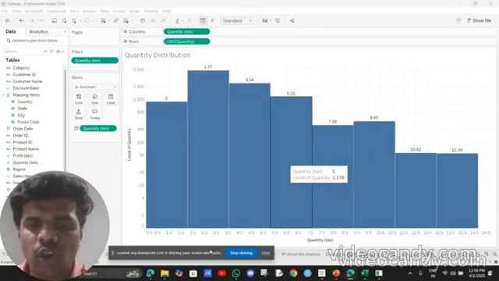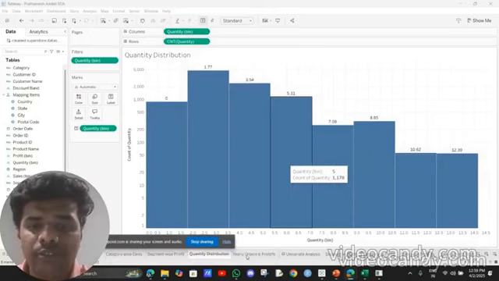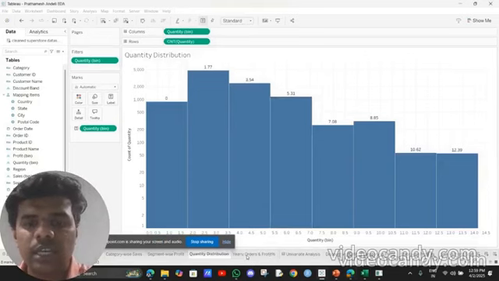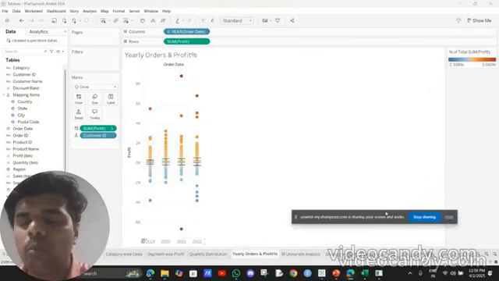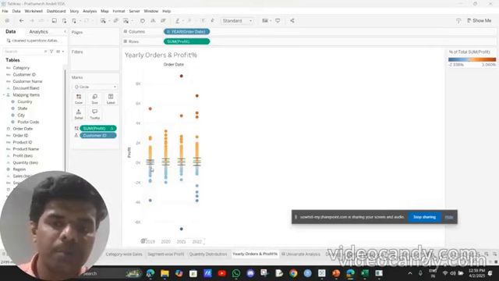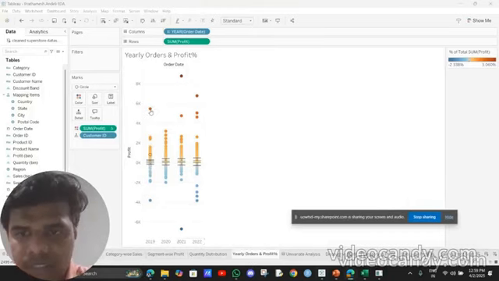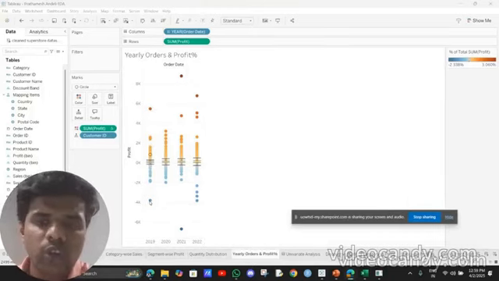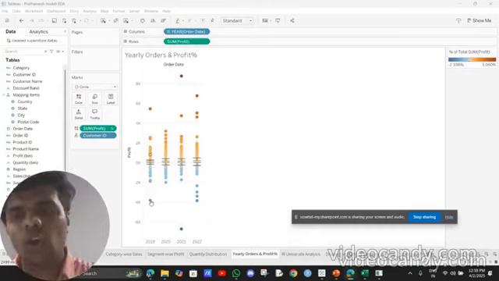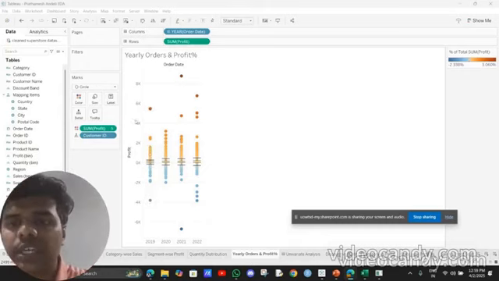So moving forward, we have yearly orders and profit. We have four box plots here, one box plot per year. Here, the orange dots are showing the profit makers, and the blue dots are showing the loss-making transactions. Along the y-axis we have profit, and along the x-axis we have years.